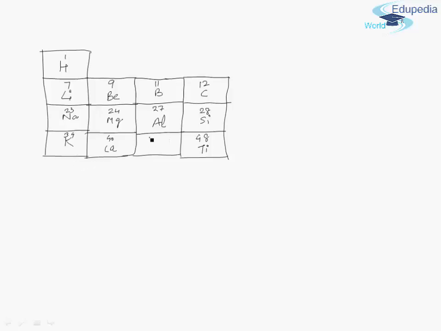So friends, you can see here there is a big gap between the calcium and titanium, or you can say in the group of boron, aluminium, there is a space left behind for the unknown element. So the element titanium, you can see here with the atomic mass 48. This is found to have similar properties to the element silicon.